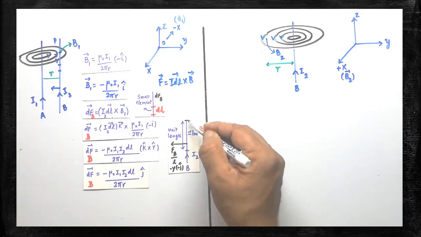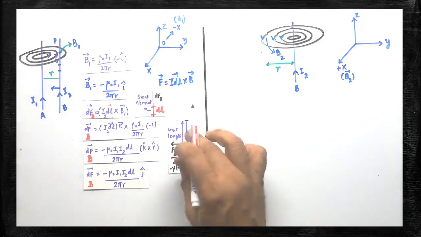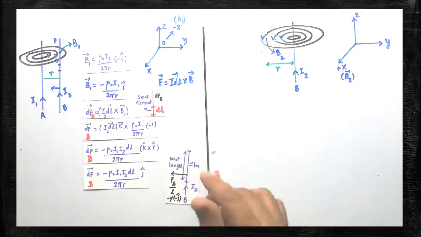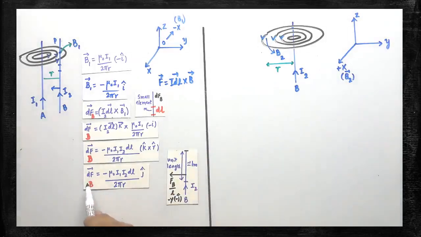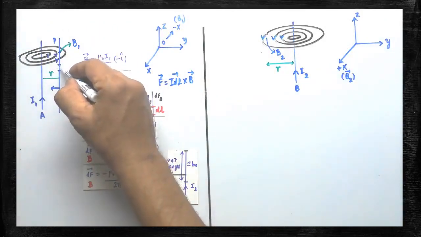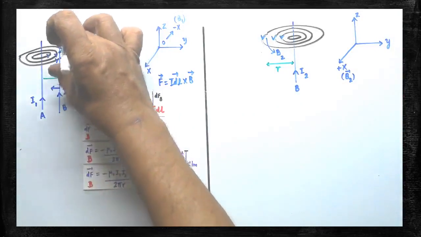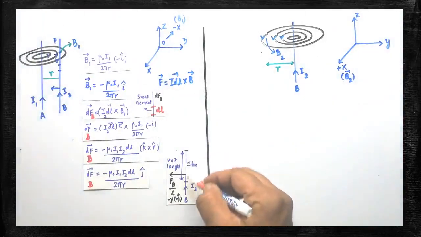Within this 1 meter unit length, we have to calculate how much force is acting. Are you clear? When you calculate it for unit length, this dFB will disappear. If all small elements dl1, dl2, dl3, dl4 are added, you will get the unit length.